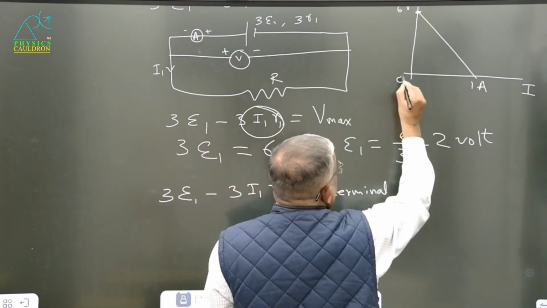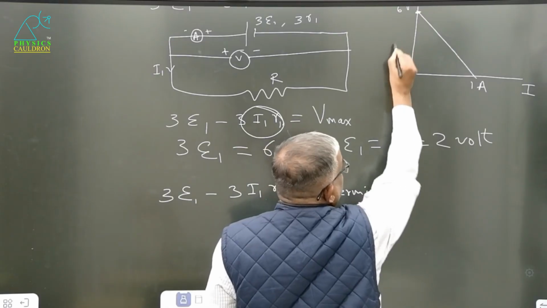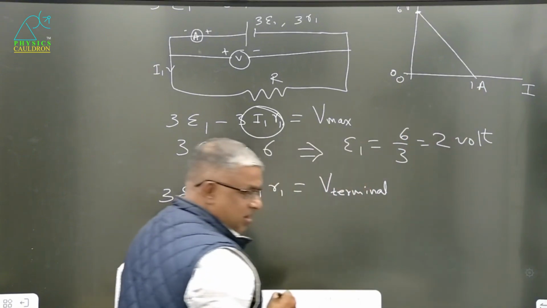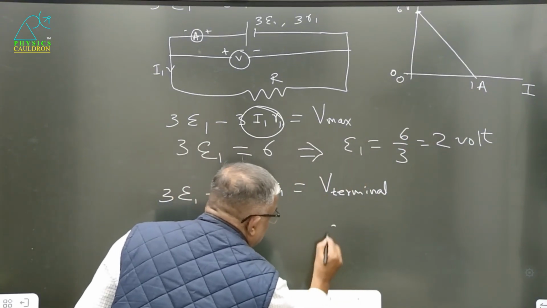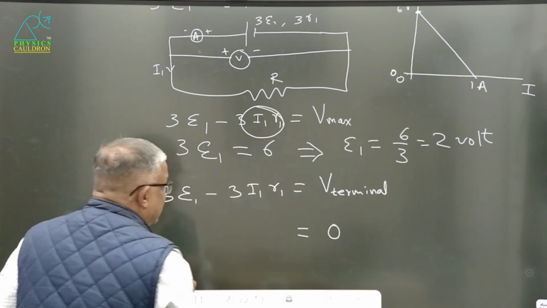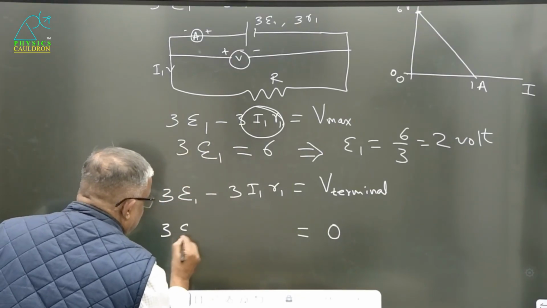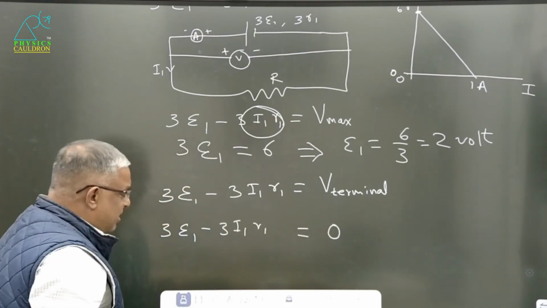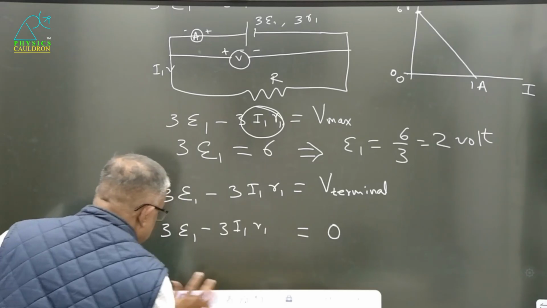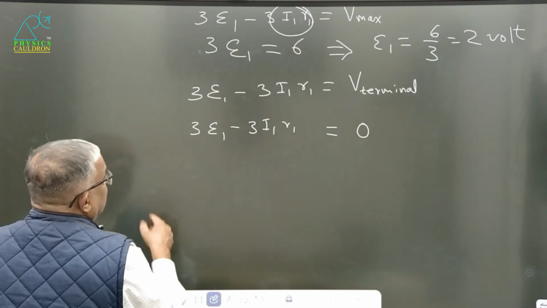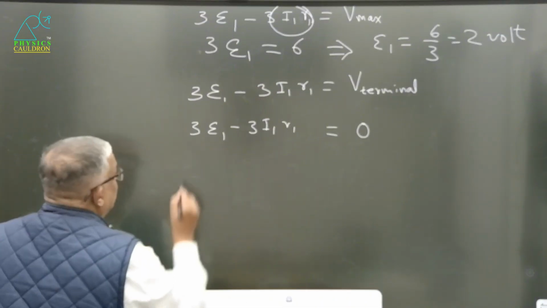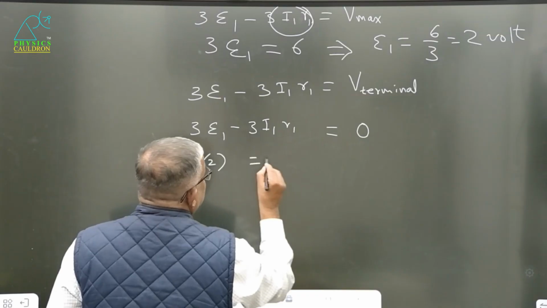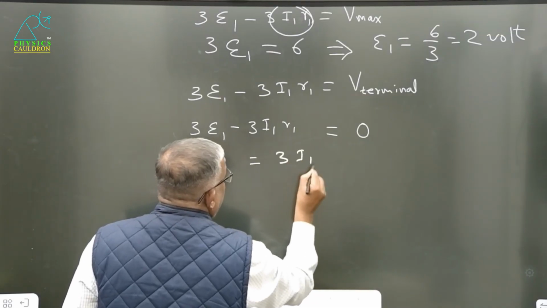Along this axis, we have plotted the terminal potential difference. So when the terminal potential difference is 0, what is the current? 3 E1 minus 3 I1 R1 should be 0, which clearly means, since 3 E1 is already 6 volt, that is 3 into 2, and here it is 3 I1 R1.